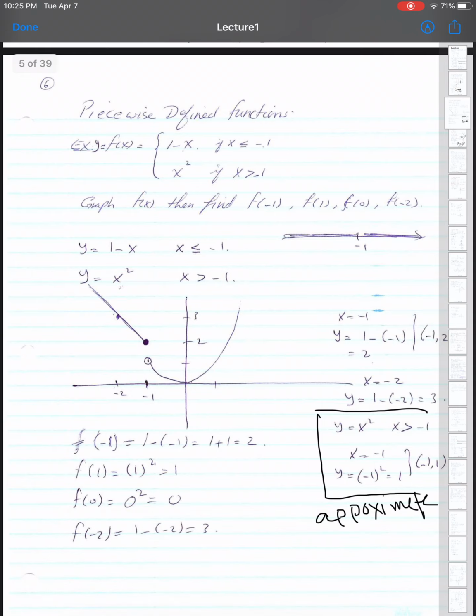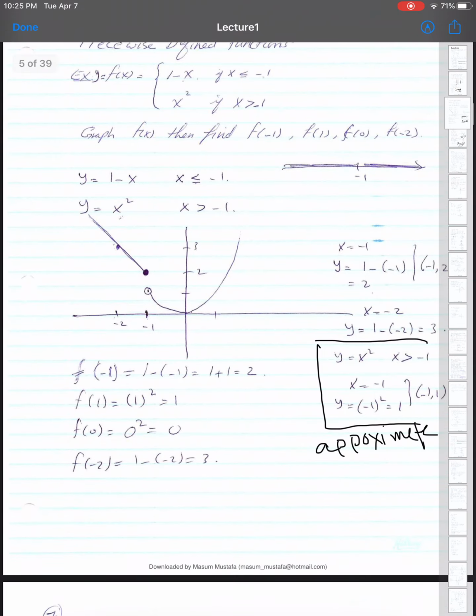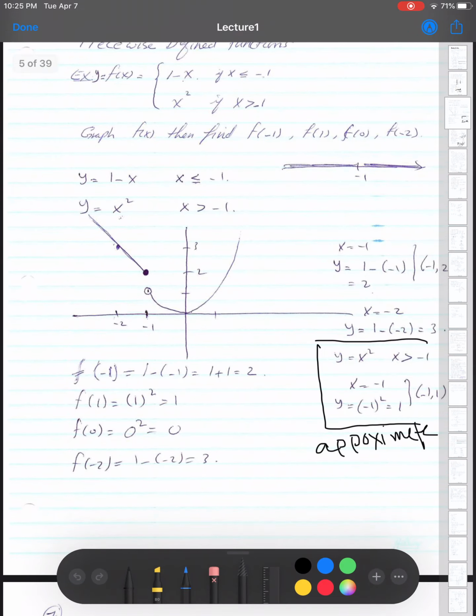So you're going to find it through the graph. f of negative 1 is going to be 2, f of 1 is going to be 1 because it's a quadratic or parabola. f of 0 is going to be 0. f of negative 2 is going to be positive 3. From the graph we can do it.